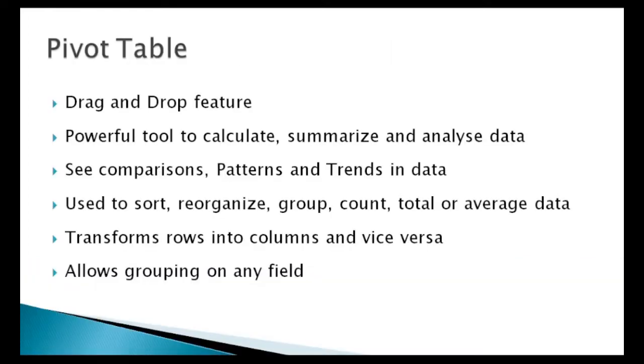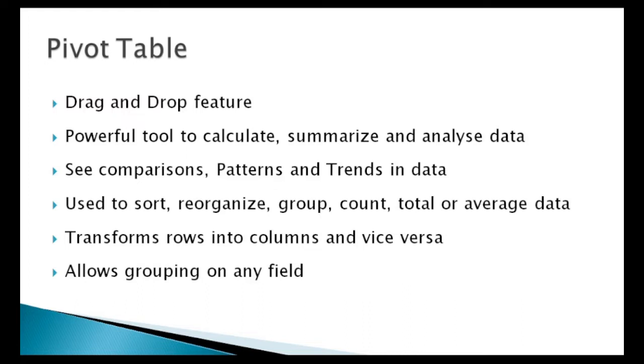Pivot table is a drag and drop analysis tool. You can slice the data until you find an answer to your question. Without the pivot table, you can write multiple formulas to understand the data, but it is a powerful tool, easy to calculate, summarize, and analyze. You can also compare patterns and trends in data.